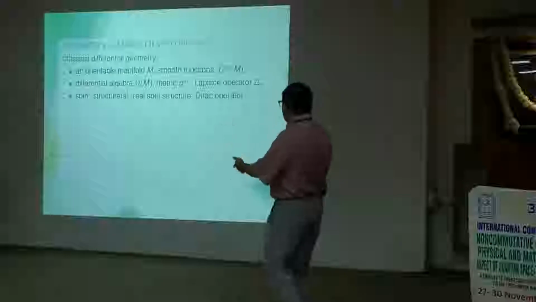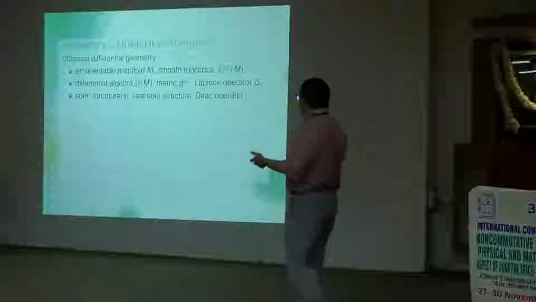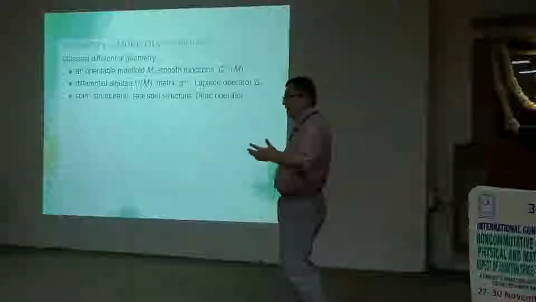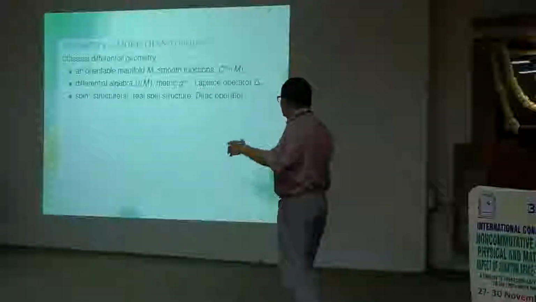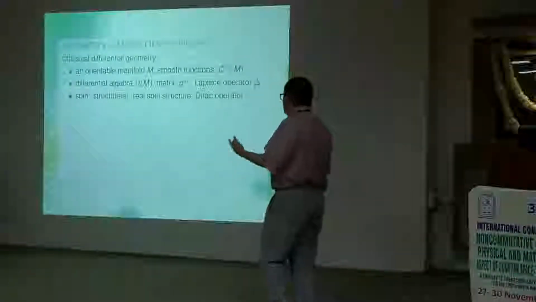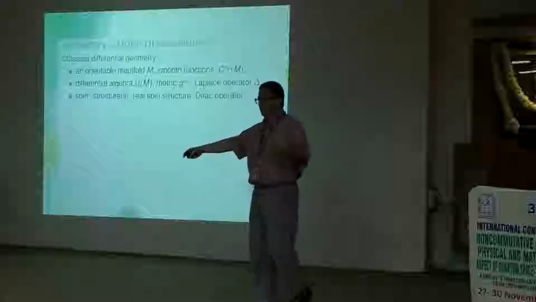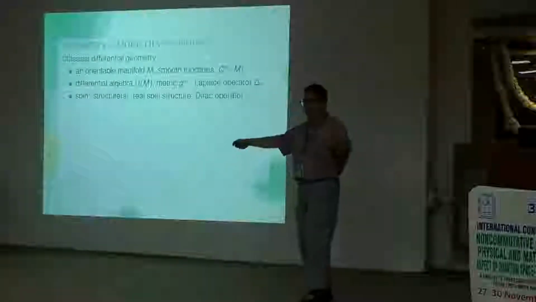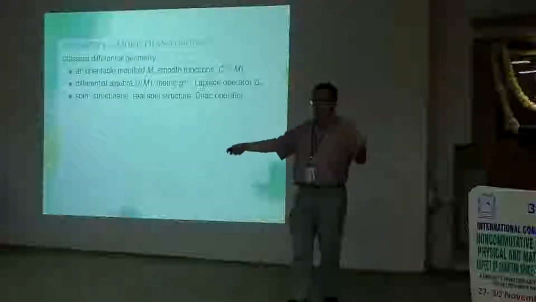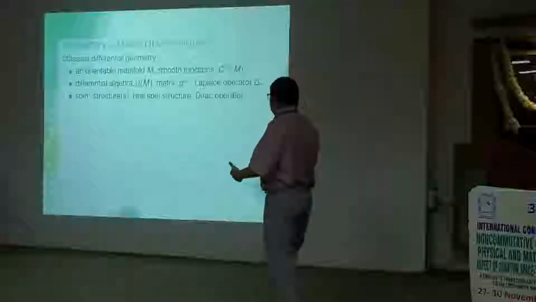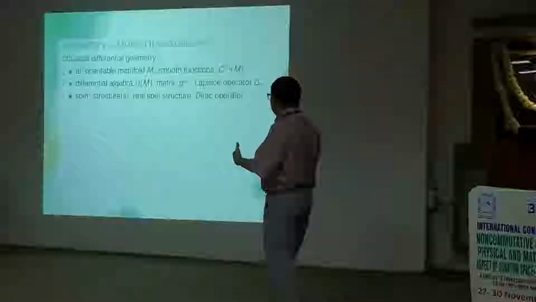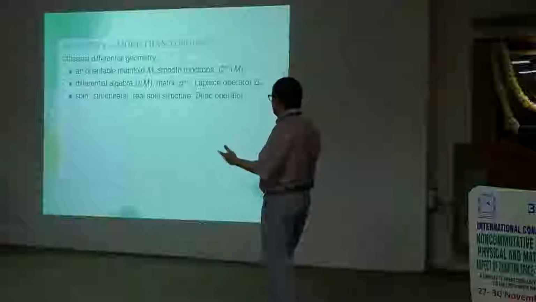So classically, you start with manifolds, and we know what C-infinity functions are. Then you define the differential algebra, because knowing the C-infinity functions, you know how to differentiate them. You can define things like the exterior derivative, so you have a differential algebra.